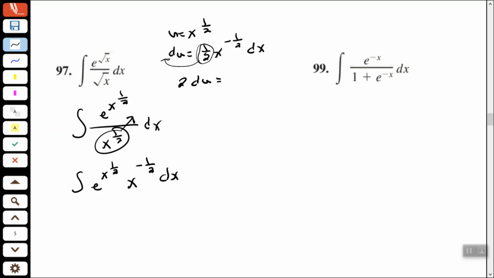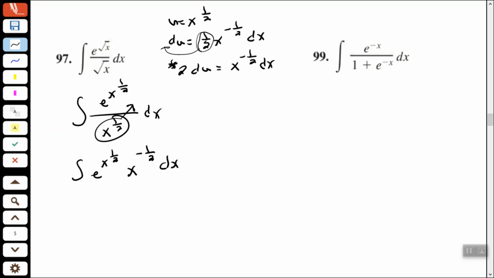So 2 du equals x to the negative 1/2 dx, which is the other part of the integrand. All right, so let's write out what we have back here in the integration. So we have e to the u times x to the negative 1/2 dx is equal to 2 du.